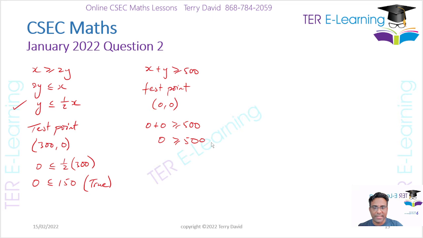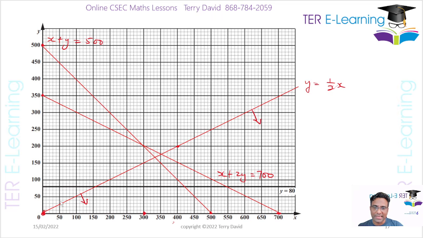That statement is actually false. 0 is not greater than 500. So what that means is that this test point does not lie in the region that I should be shading. So I should be shading in this direction. I must be shading above that line. So that's my second inequality.